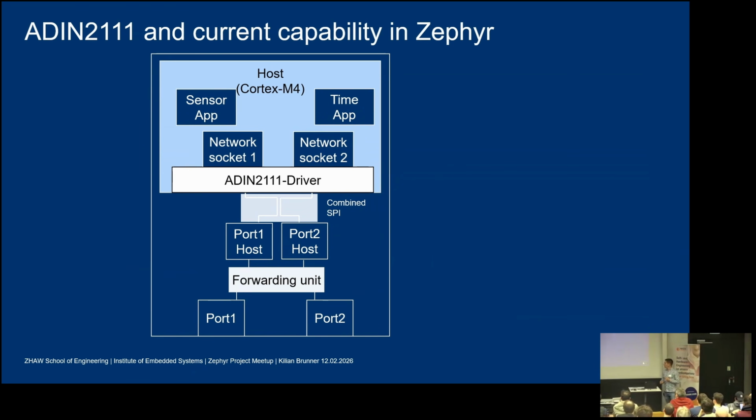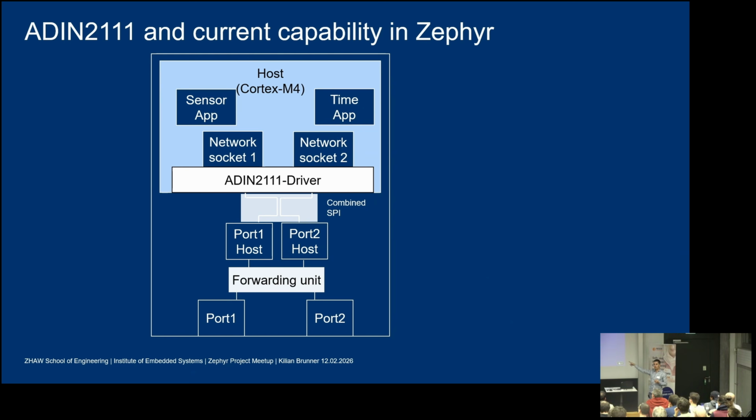So when we look into the current driver capabilities, I draw it here. And you see the first change between the drawing before is we now have 2 host ports. We don't have a single switch host port. We have 2. Is that an issue? We'll see later. But this design first supports MAC offloading. So all the data flowing through my sensor does not have to go through the CPU.